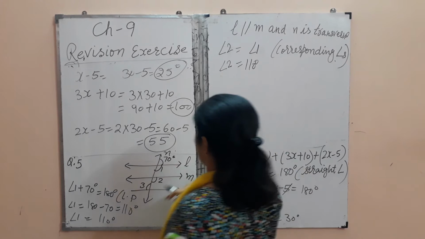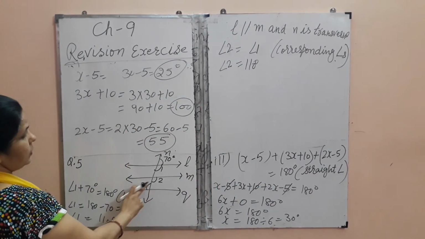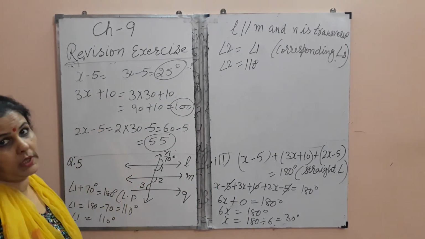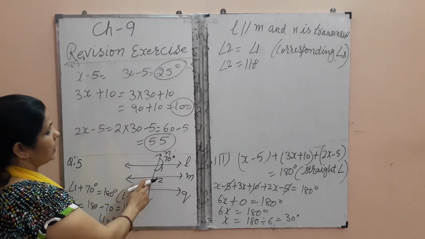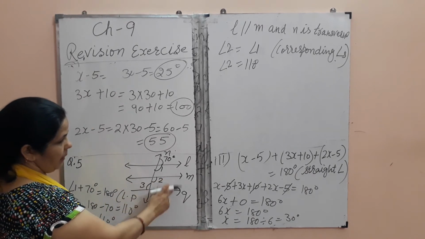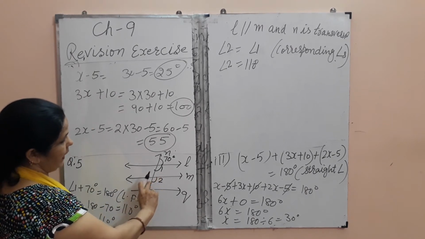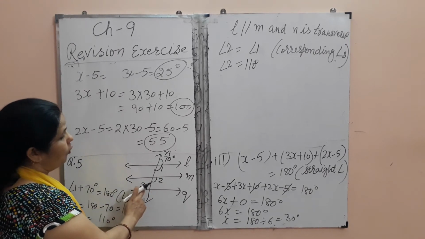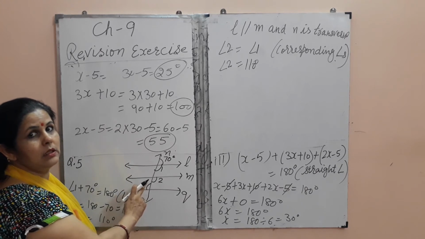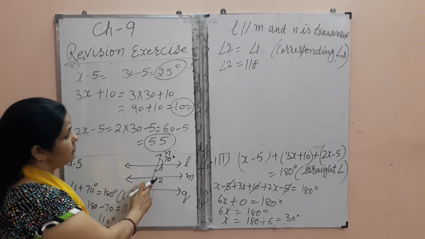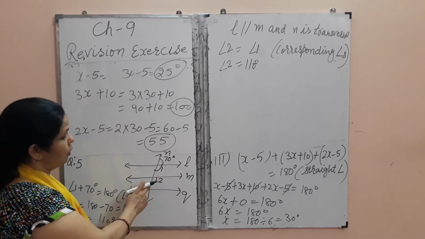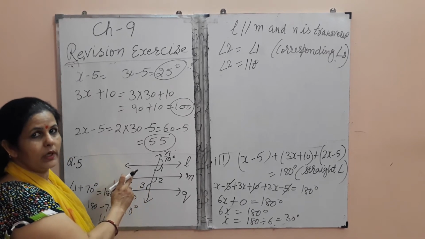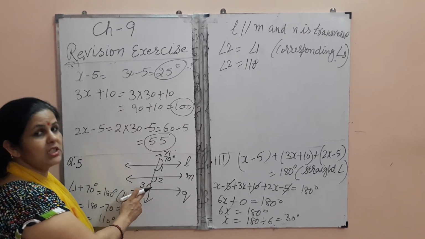Now angle 2 and angle 3, both are which pair? Both are interior, in the interior of M and Q, and both are on the opposite sides of the transversal. So they are alternate interior angles. Angle 2 and angle 3 are alternate interior angles.